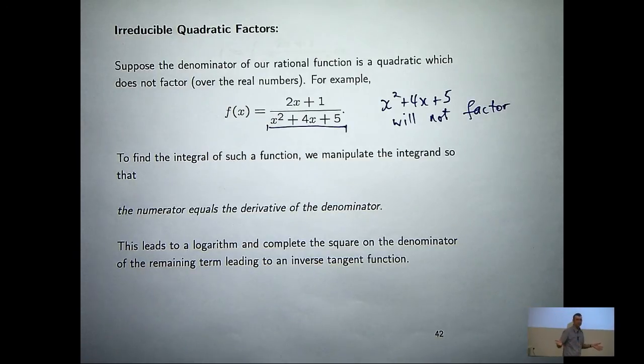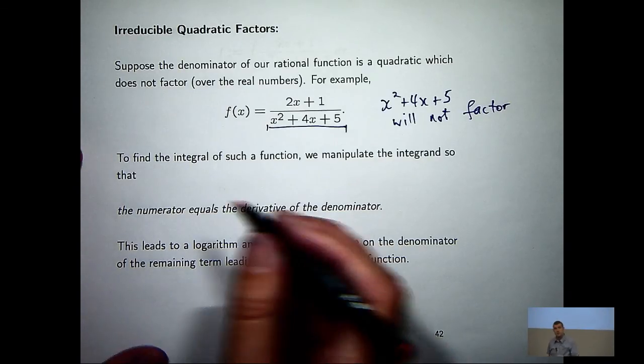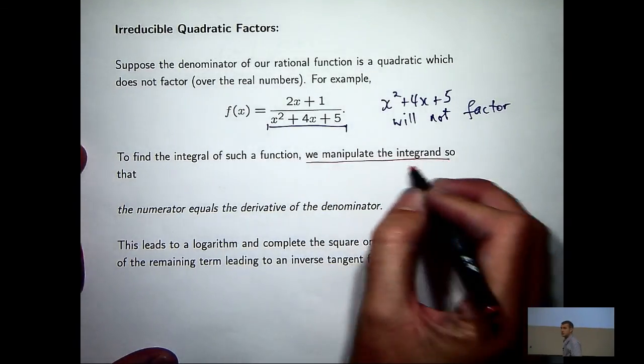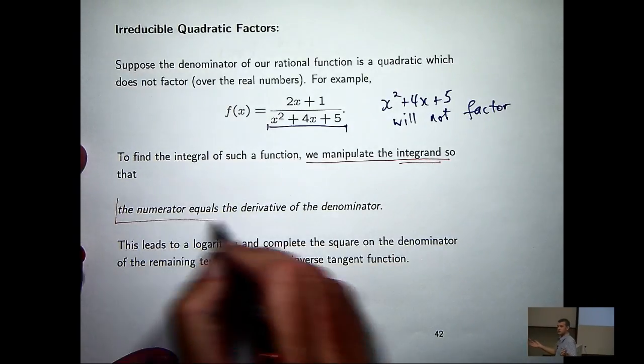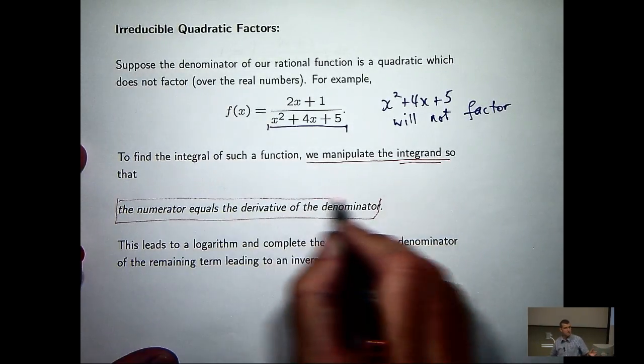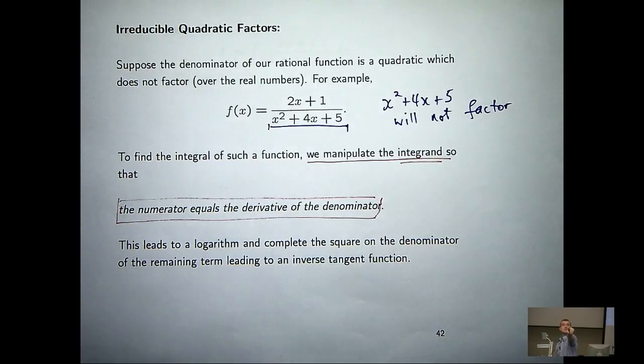So what do we do? Well, again, we play with the integrand so that the numerator is the derivative of the denominator. How does that help us? Well, you can integrate and get something involving a logarithm.